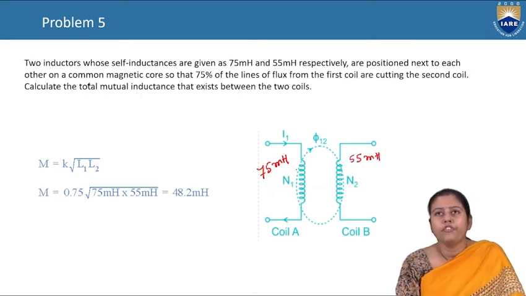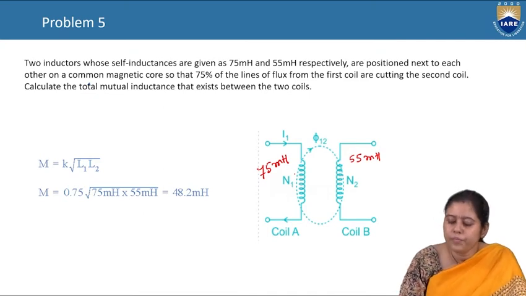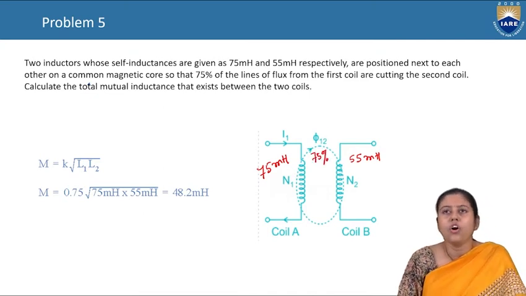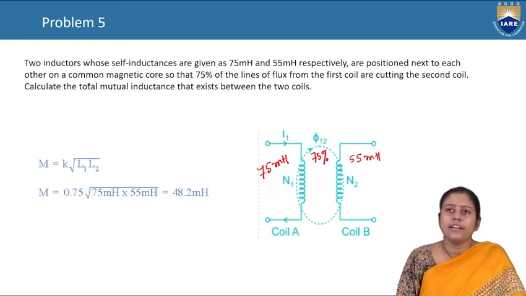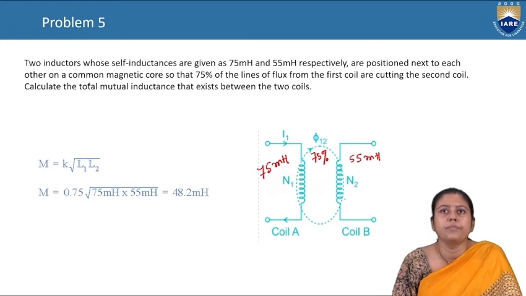The flux generated from here is cutting the second coil. So we know that 75% of the flux is cutting from the first coil to the second coil, not 100%.